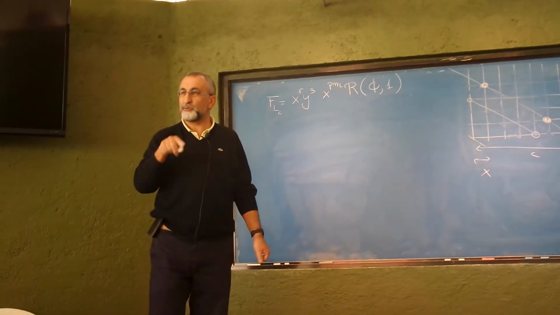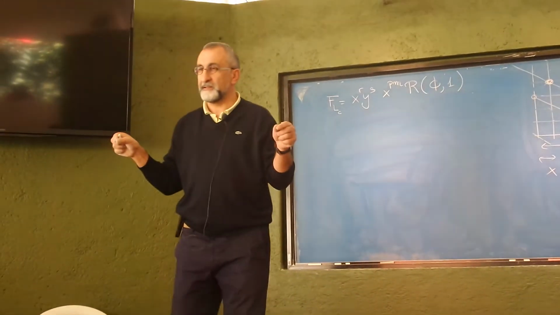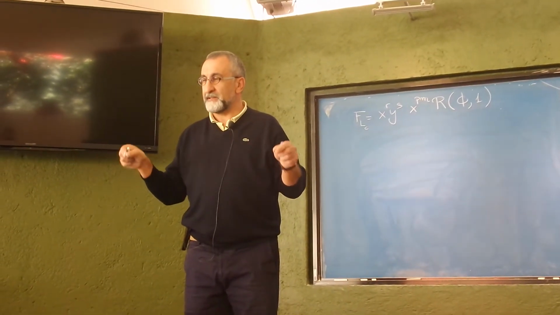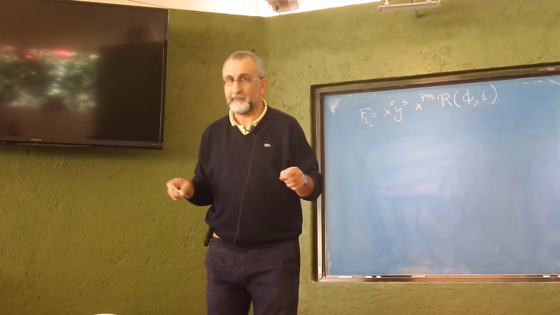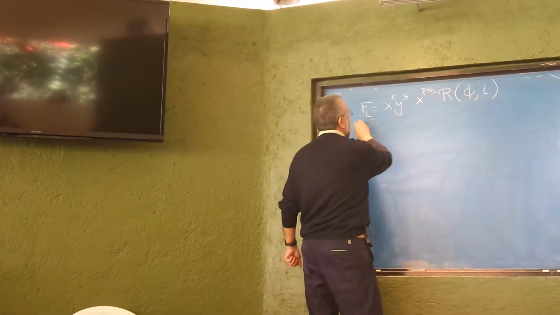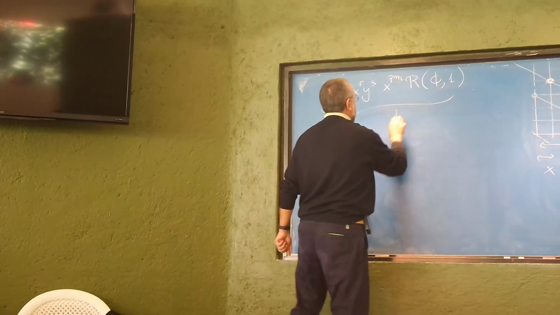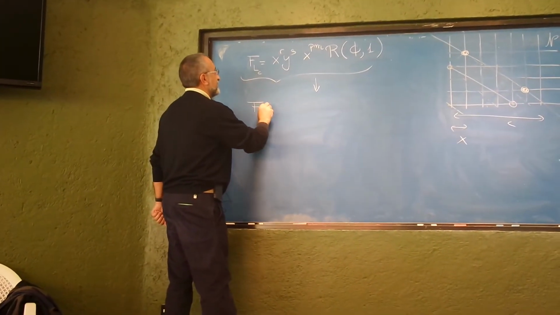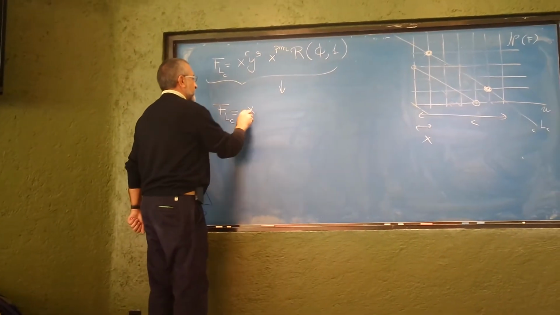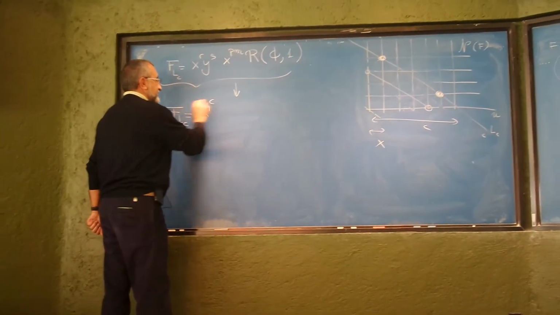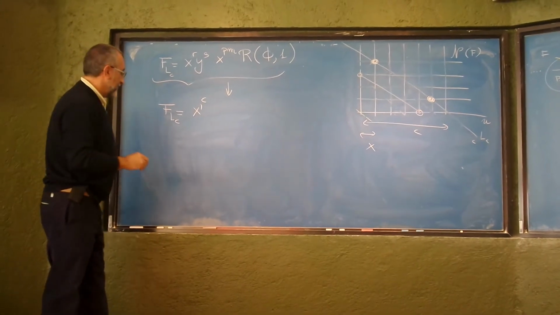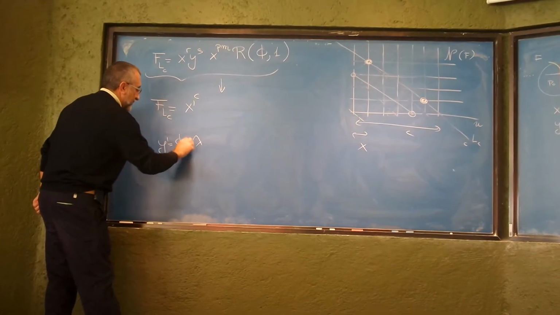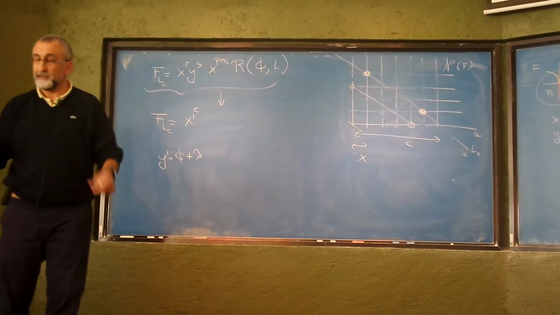Now try to write down all this in the coordinates x prime, y prime. If we write all this in the coordinates x prime, y prime, we obtain that F_LC equals x prime to the power c. After, remember that y prime is the same thing as y plus lambda, which is a unit.